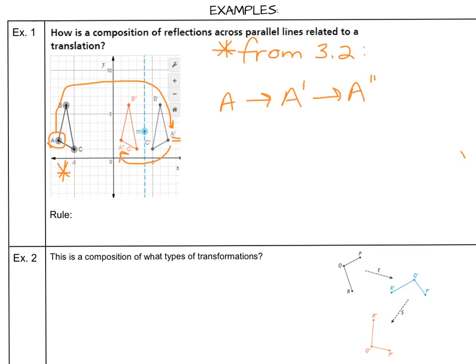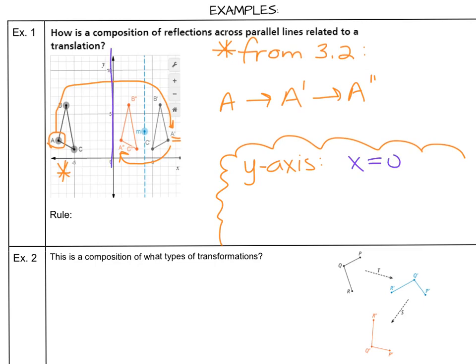And then one other thing to note, I'm just going to kind of bubble this in here. This is really all we're going to do with example 1. If you're asked to reflect over the y-axis, we know that that's the vertical axis. That's the same as the equation x equals 0. And that would be that vertical line. That's when x equals 0.